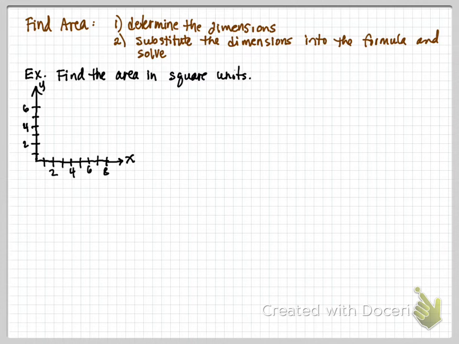So we're going to put one here and one here, and then 7, 1 and 7, 3. So we're going to have a rectangle shape.